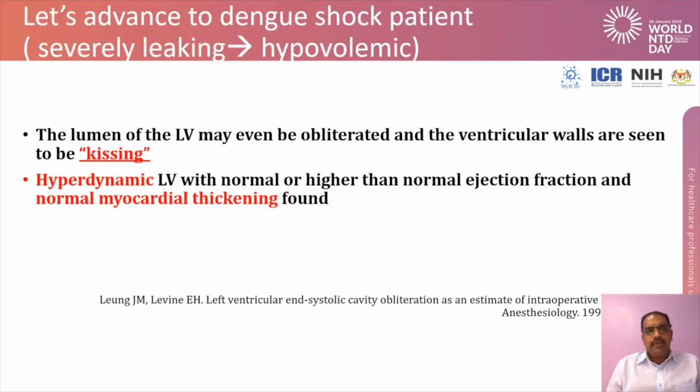So when we are encountering a patient with dengue shock or hypovolemic shock, most commonly we will see ventricular kissing. So what is this all about? When the lumen of the LV is obliterated and the ventricle walls touch each other, that's when we come up with the term ventricular kissing.